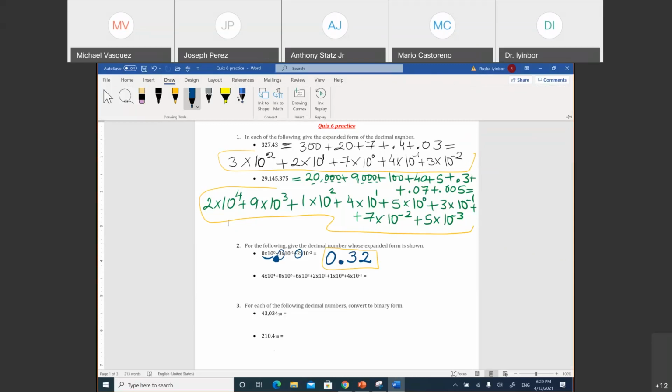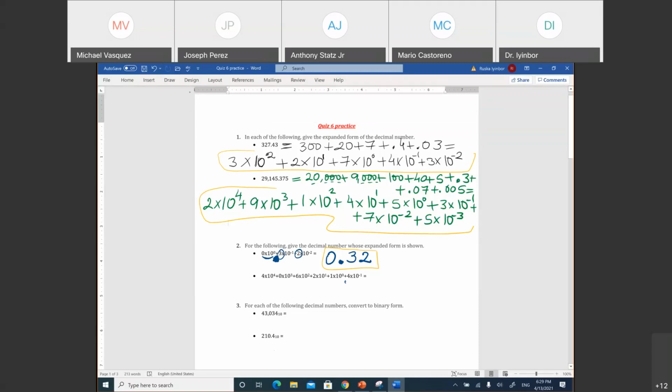So here we have 10. Make sure when you start writing the answer, make sure you have all the exponents, because if one of the exponents is missing, you have to put 0. So here we have 10 to the 4, 10 cubed, 10 squared, 10 to the 1, 10 to the 0. So after 10 to the 0, I need to put the decimal, and then 10 to the negative 1.